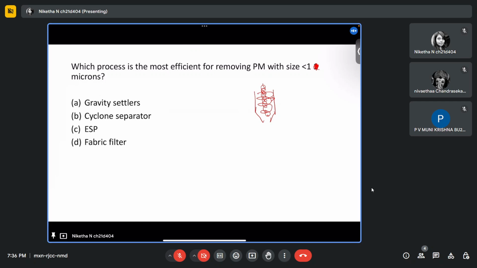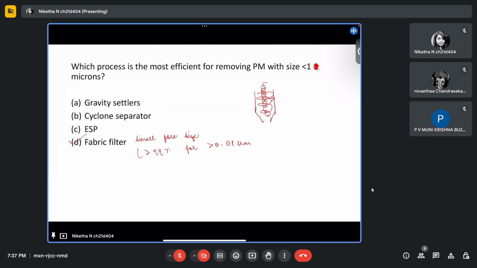Any other answers? Okay, the correct answer is fabric filter. In a fabric filter, generally we use cotton or nylon, which will have very small pore size. And generally the efficiency is more than 99% for particles which are greater than 0.01 micron.